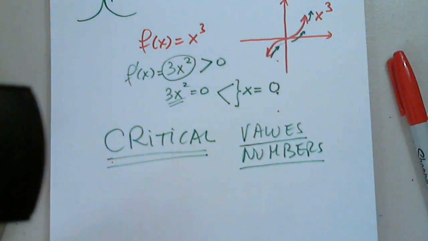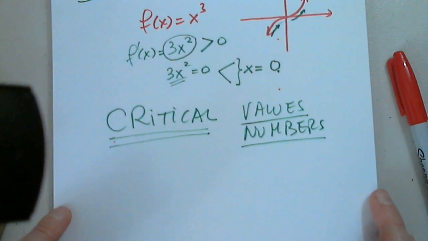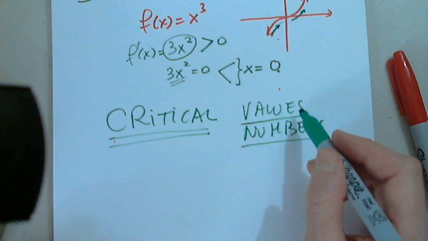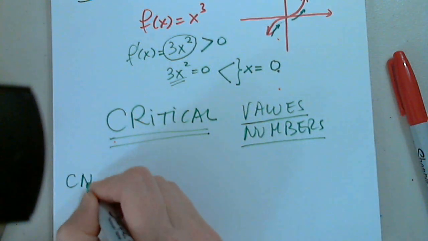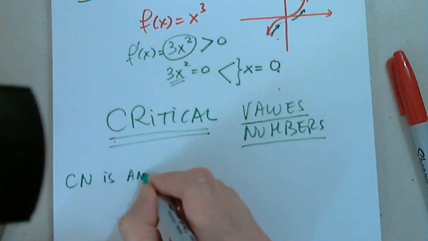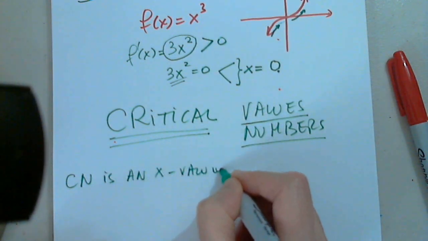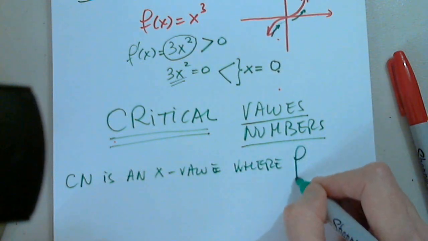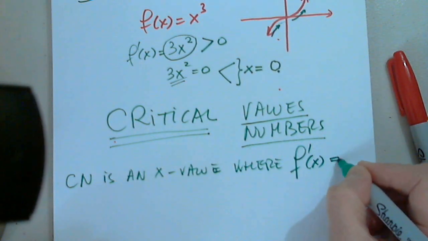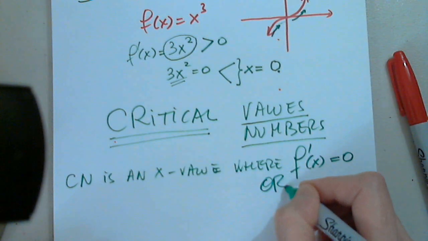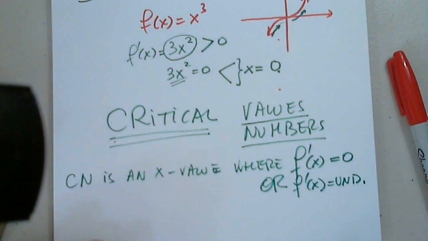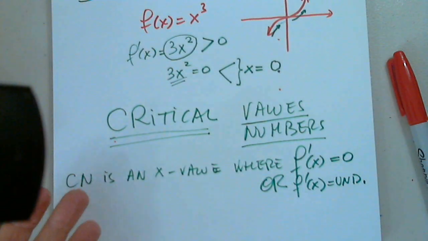So I'm going to put this in writing carefully and slowly. Critical number or critical value. A critical number is an x value where f prime of x is 0 or f prime of x is undefined. That's my starting point.